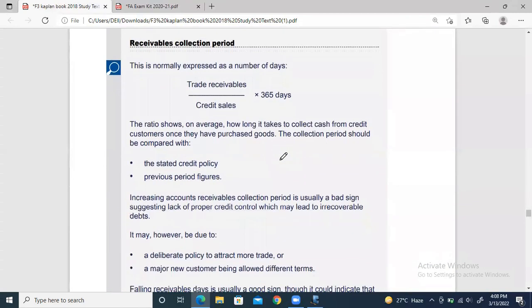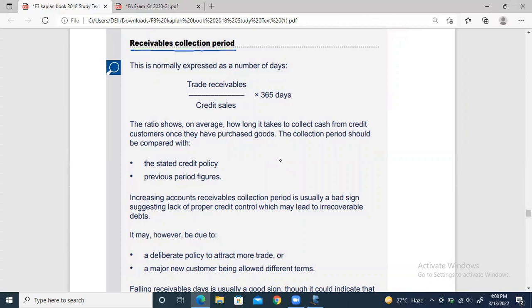Now, the second efficiency ratio is called the receivables collection period, right? This represents how quickly we are receiving the amounts from the customers. Please note, if this time is very short, let's say 1 week or 2 weeks, it's very good for the company.